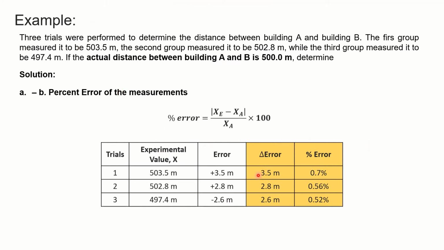So here we have the values of the error associated with each of our experimental values. Knowing the absolute error is of course important, because we will know how high or how low our experimental value or our measured value is compared to the actual value.